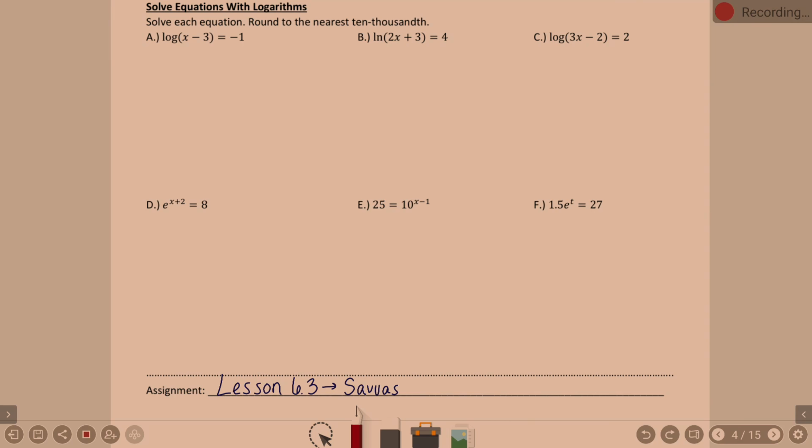So, on A, log of x minus 3 equals negative 1. Our job, of course, is to solve for x. Any thoughts? Okay, you cannot add that 3.